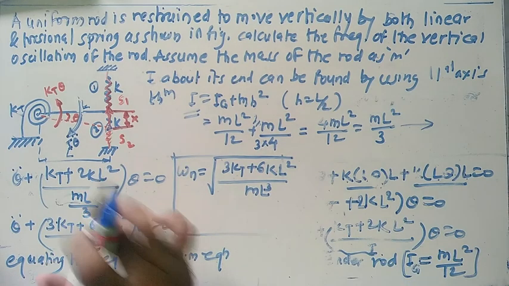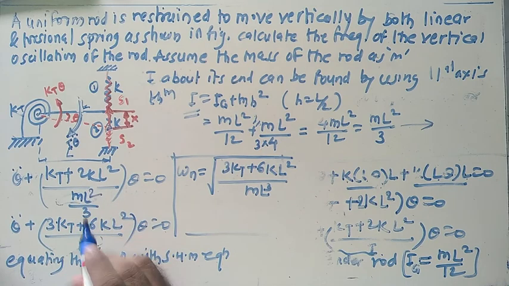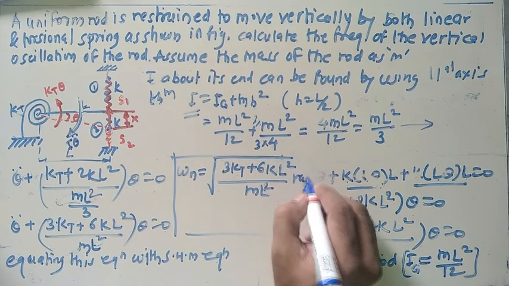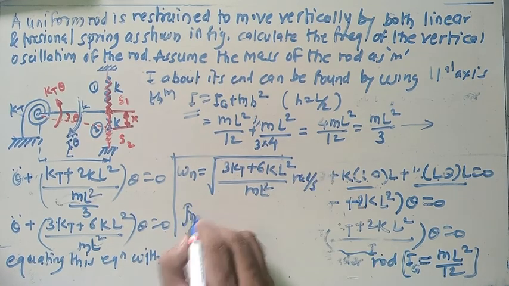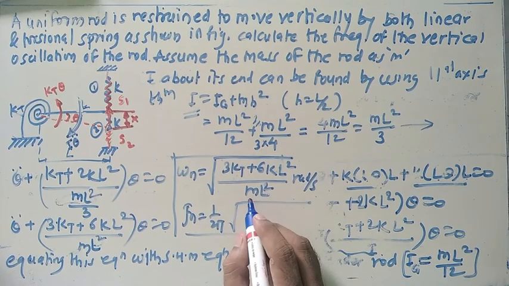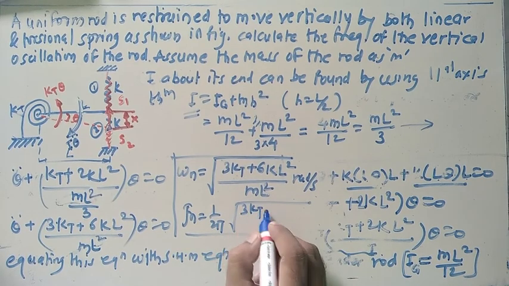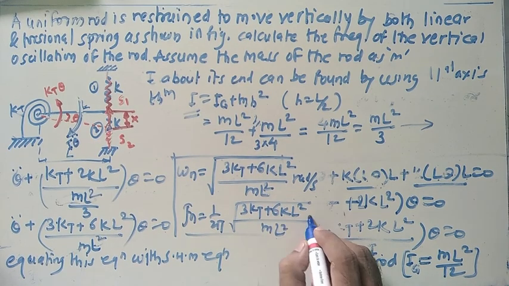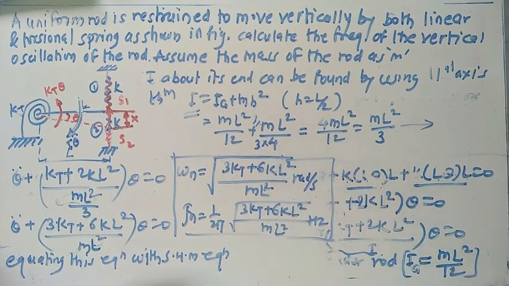This term is ml square. You get this in terms of radian per second, and the frequency in hertz we can get by multiplying 1 upon 2 pi to this term, as the answer.